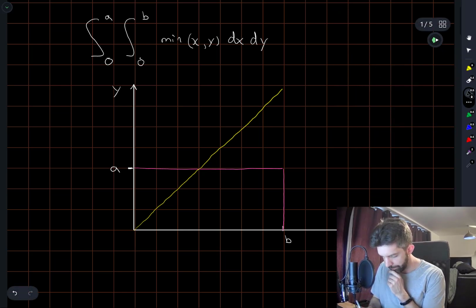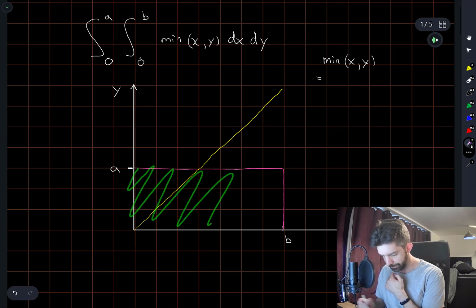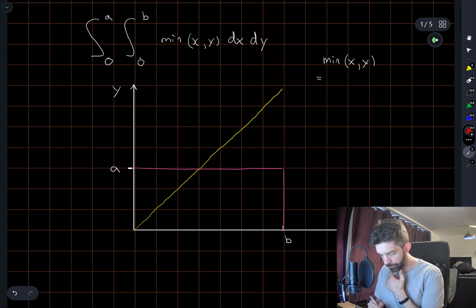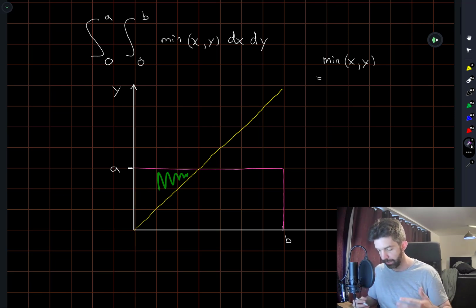The minimum of x and y, we can write this as, let me think for a sec. So what I'm thinking is it might be easy to integrate an easier function over the entire rectangular region, and then subtract something which is integrated over this smaller triangle so that it kind of flips the value into what it should be.